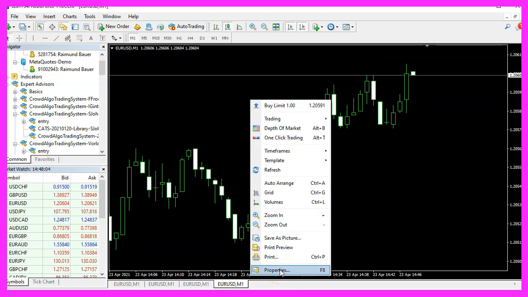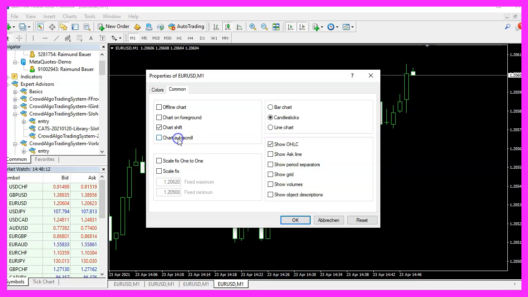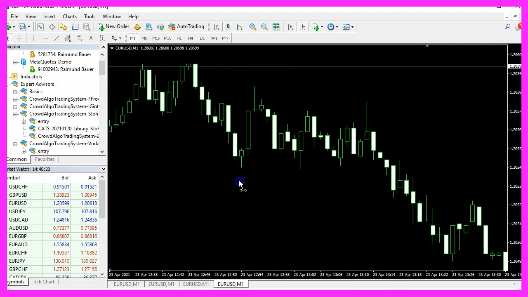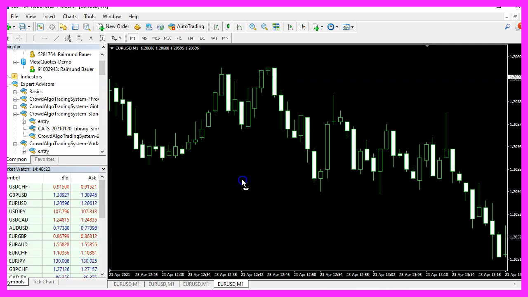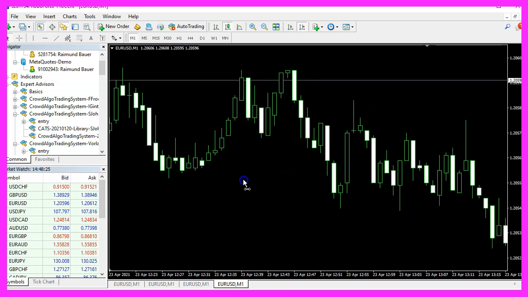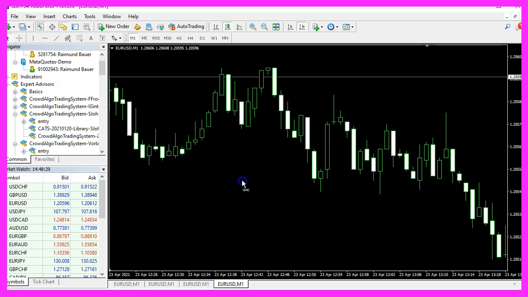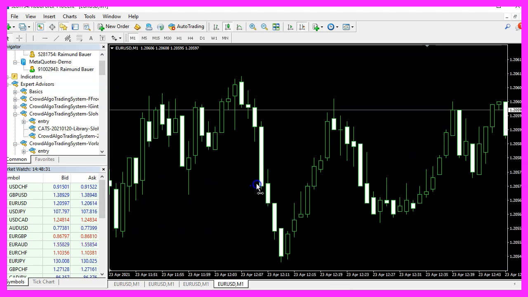But if you change the properties here and we disable the auto scroll function, you will see that candles are changing when you scroll. The size of the candle is relative to the chart.